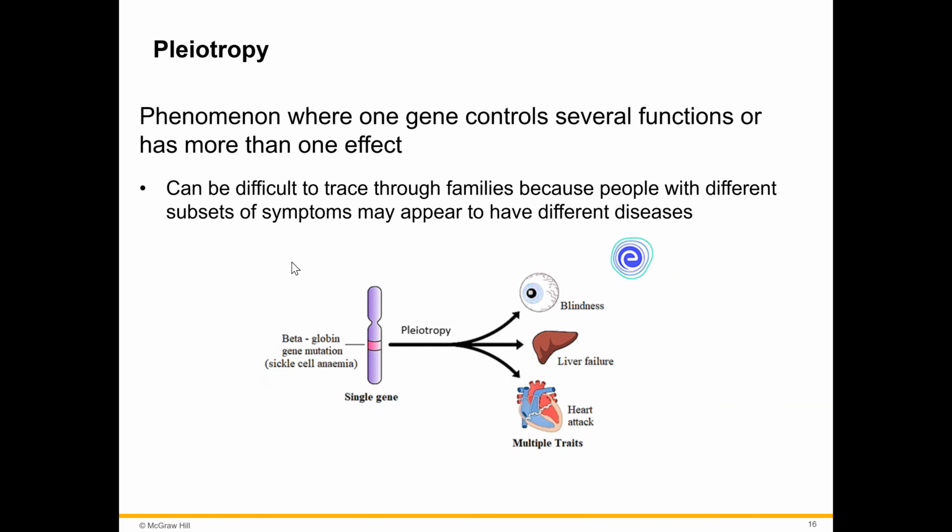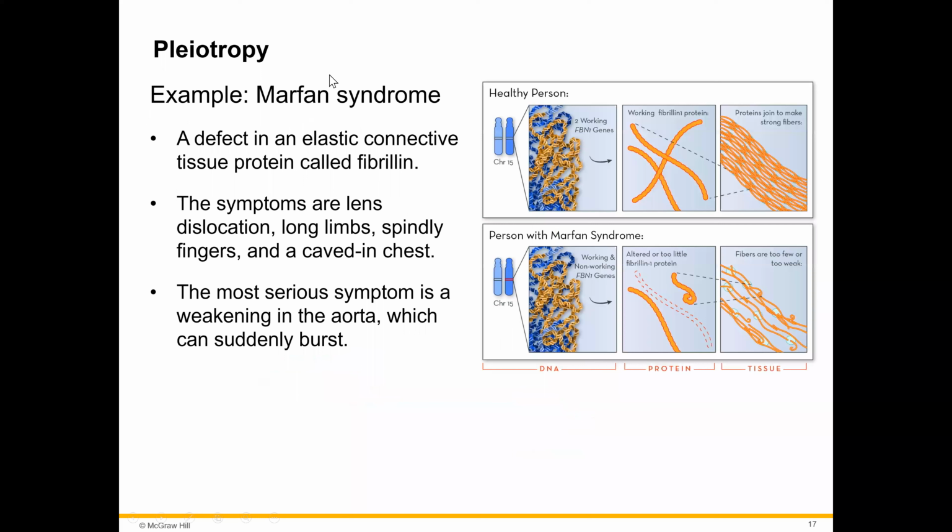All right, another example of pleiotropy is Marfan syndrome, when a defect in the elastic connective tissue protein called fibrillin causes symptoms in different organs. So here's a healthy person, and it's chromosome 15, and we have a gene that codes for the protein fibrillin.